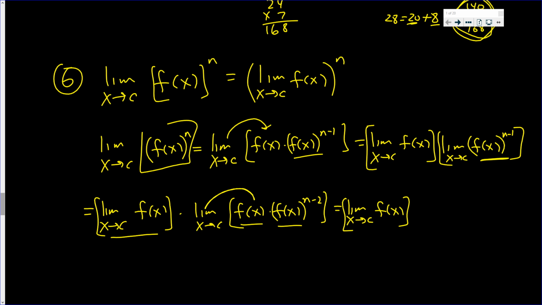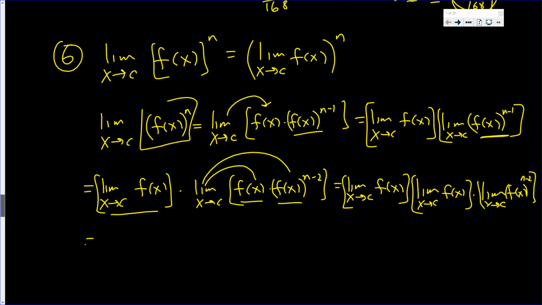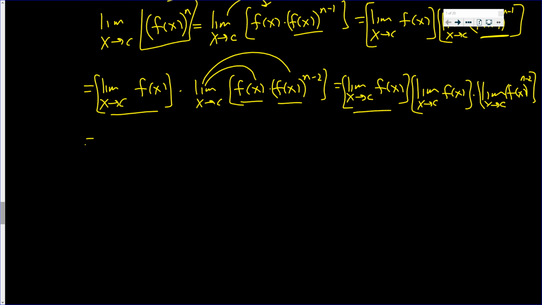I can take the limit of the first times the limit of the second. So I get the limit of the first, and then I multiply that by the limit of the second, which is f of x to the n minus 2. And that equals, well, this and this, they're the same limit.